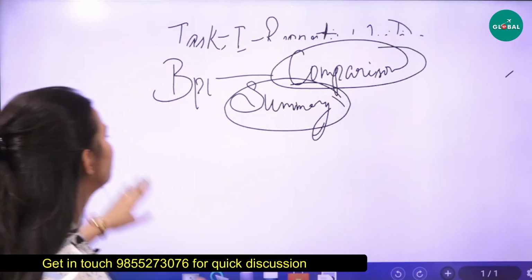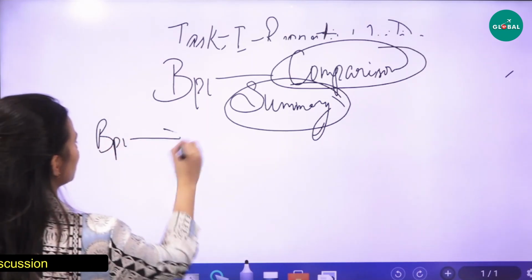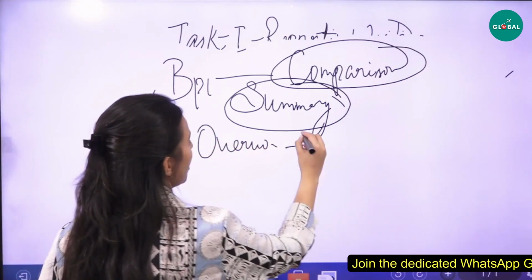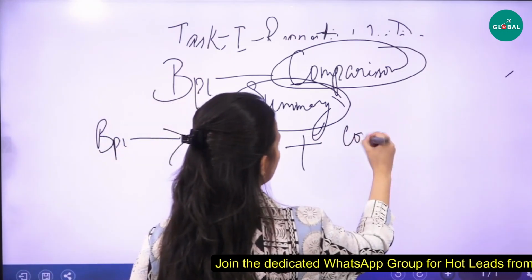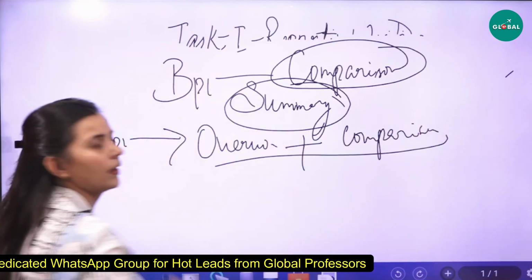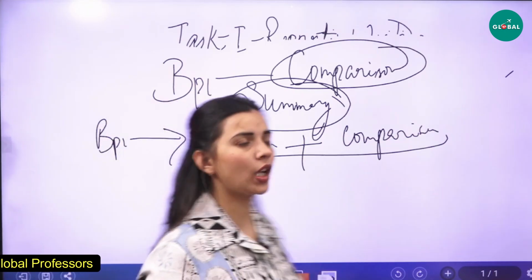How do we begin? Body para 1 जो है, इसमें एक चीज होती है overview plus comparisons, right? Now what is this new terminology? It is overview. Overview क्या होता है basically?